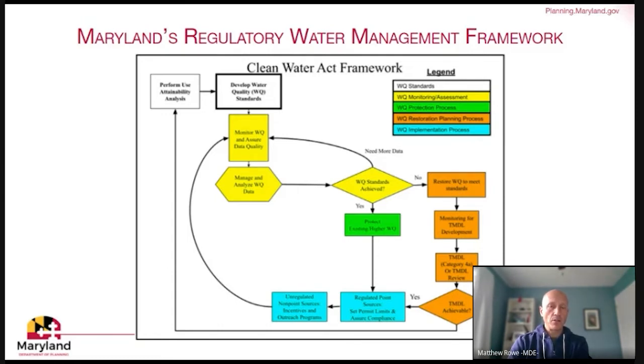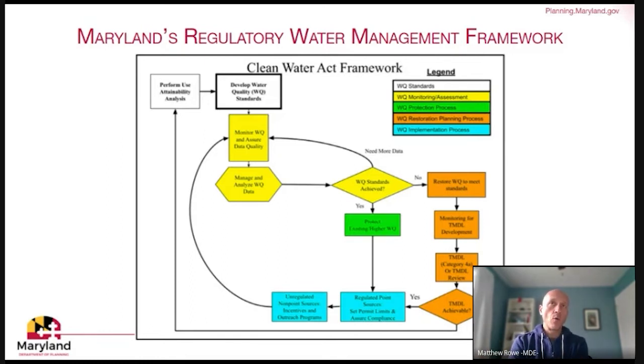And then in Maryland, we have water quality monitoring programs where we look at whether those standards are being attained. Through those programs, we can identify waters that are not meeting those standards, as well as waters that are of higher quality, meeting or exceeding the standard.